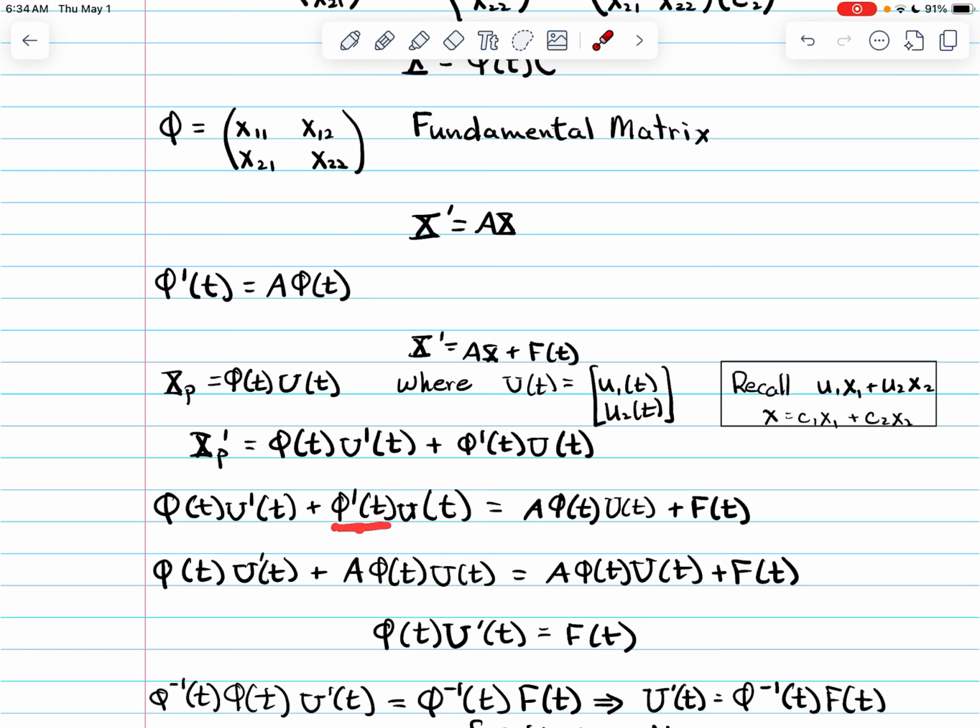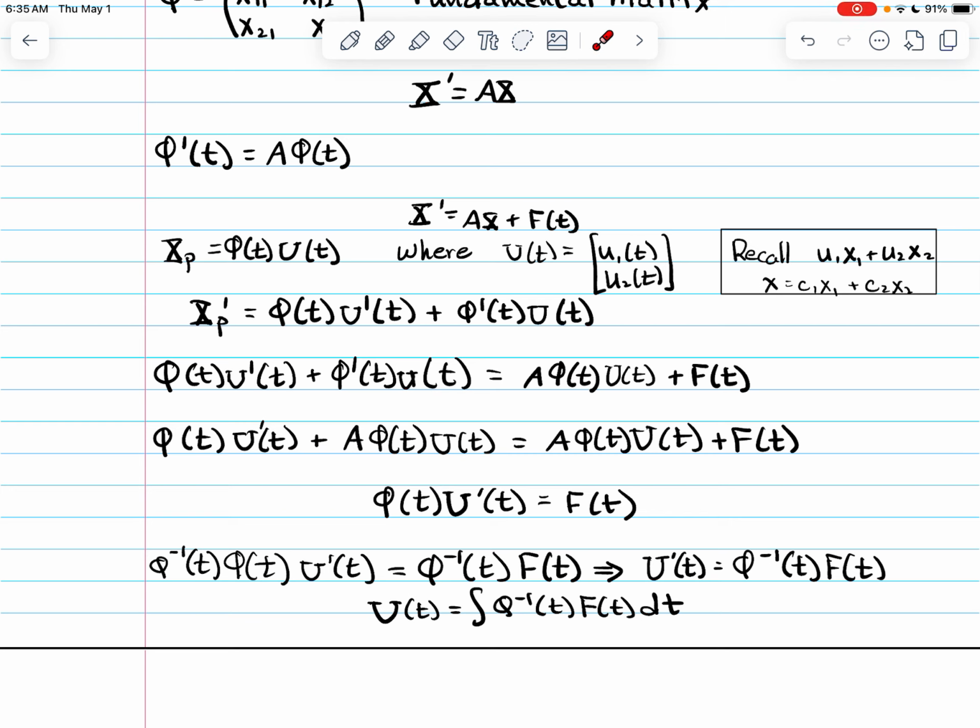Why don't I take this and make this substitution? See? This equals this. So let me just, in place of this right here, put A phi of t. Yeah, like that. So here's A phi of t, U of t. So here's what I've got on this side. And of course, nothing has changed on the other side. But dig this. This and this get rid of each other. So now I've just got this equals this.